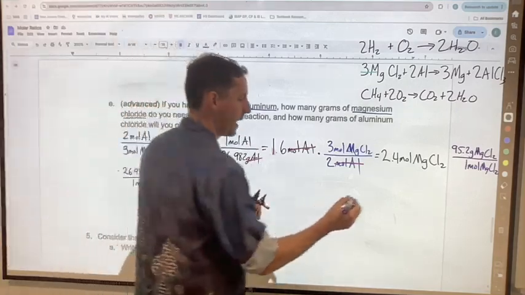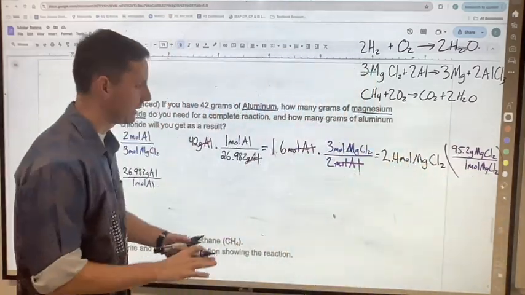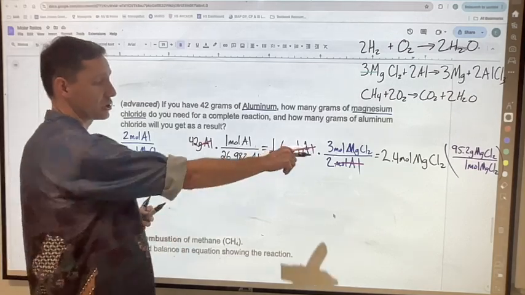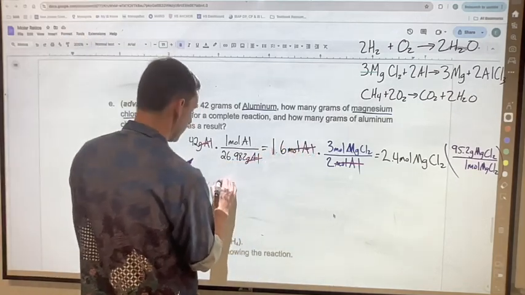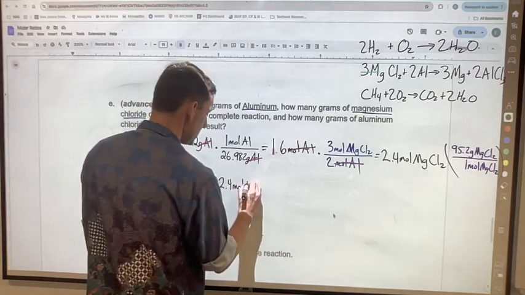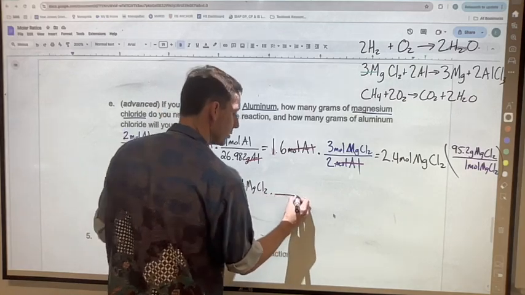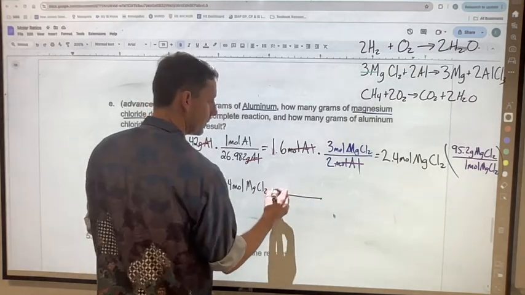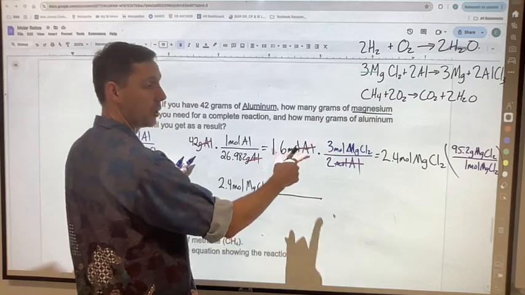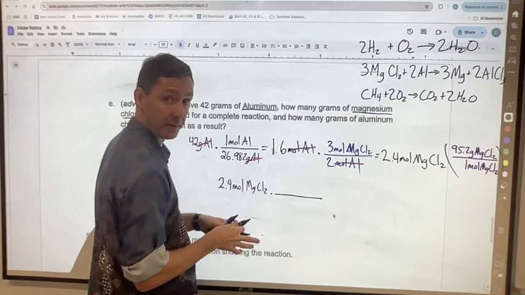Now, this is my newest conversion factor over here. I am going to rewrite it because I'm running out of a little bit of space here. So I'm going to go again with that 2.4 moles of MgCl2. I'm going to multiply by the conversion factor. But again, I do want the moles of MgCl2 to cancel out. So actually it's good just the way that it is, right?